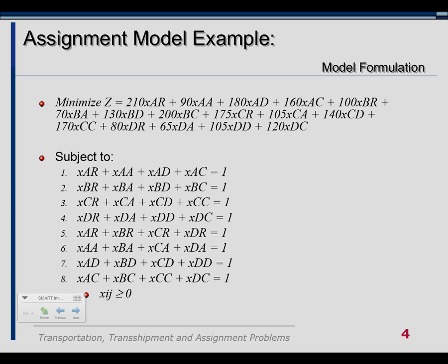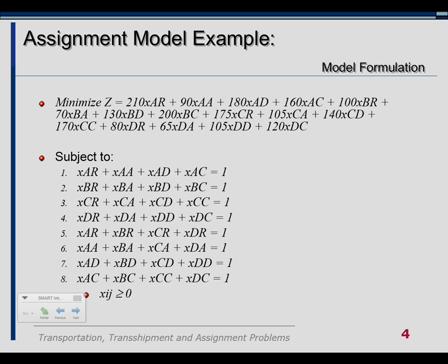I'm going to have 8 constraints. I'm going to have this objective function up here at the top, which is simply a sum product of the distances times the decision variables. Do you go, say, from XAR, which is Team A going to Raleigh, AA is Team A going to Atlanta, AD is Team A going to Durham, AC is Team A going to Clemson. They'll have to be equal to 1.